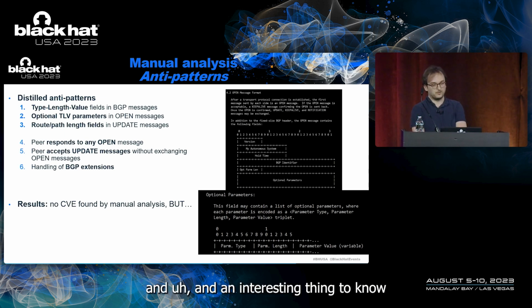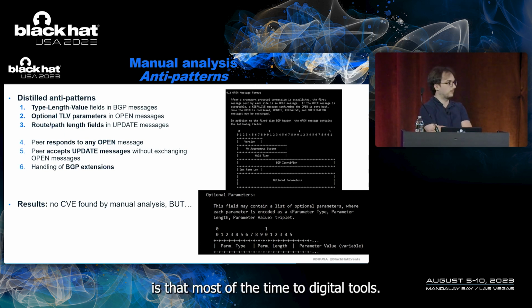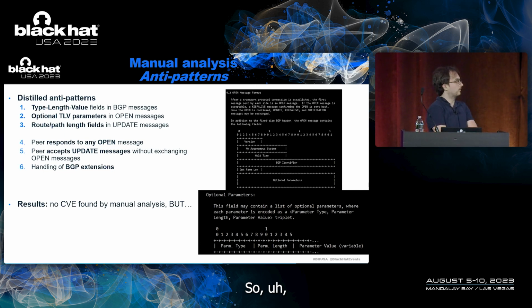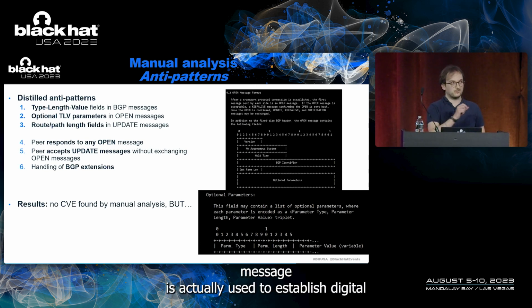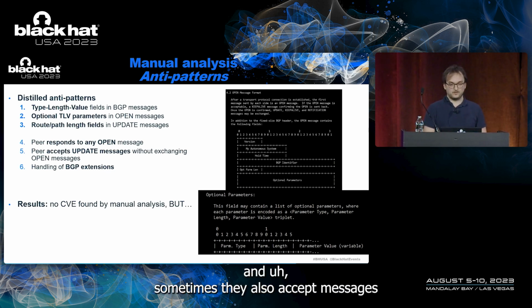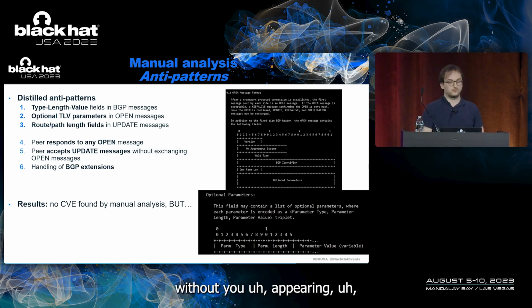And an interesting thing to know is that most of the time, the BGP peers answer to any open message, because open message is actually used to establish BGP peering, so BGP connection, and sometimes they also accept update messages without prior peering.